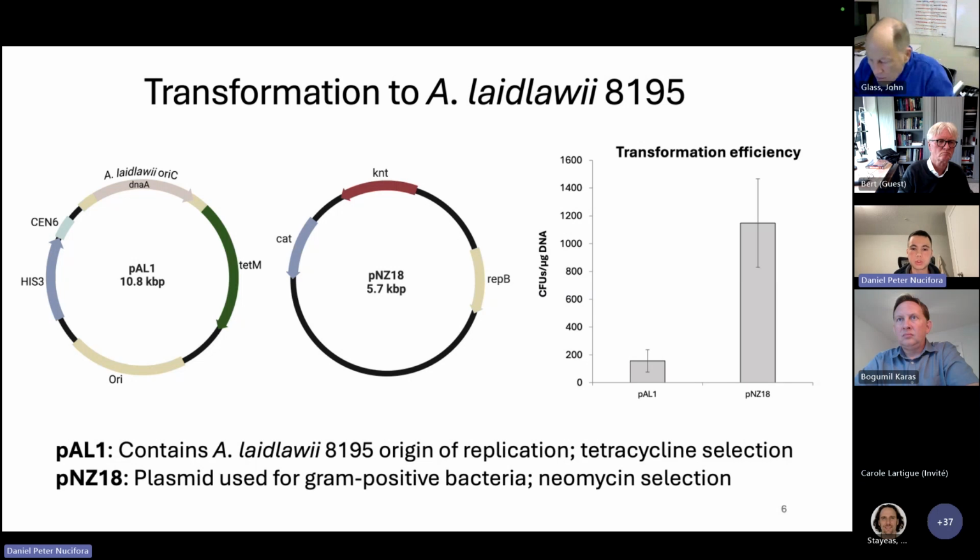The first thing I did was reestablish transformation to laidlawii using a new electroporation protocol that I developed. And I used this protocol to deliver two plasmids. One of them I constructed called PAL1, which just has the Acholeplasma aureus, and the other is a plasmid called PNZ18, which has been used previously to transform laidlawii.